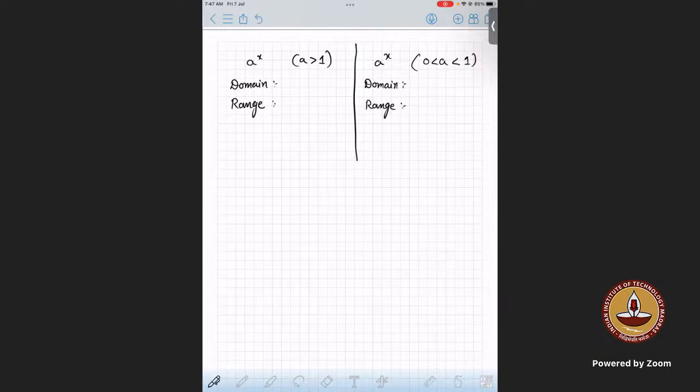Sir, domain is For e open power x bracket also. 1 to infinite. E power x also, domain and range. Sir, in a cube power x, domain is open bracket a to infinity. Think carefully.